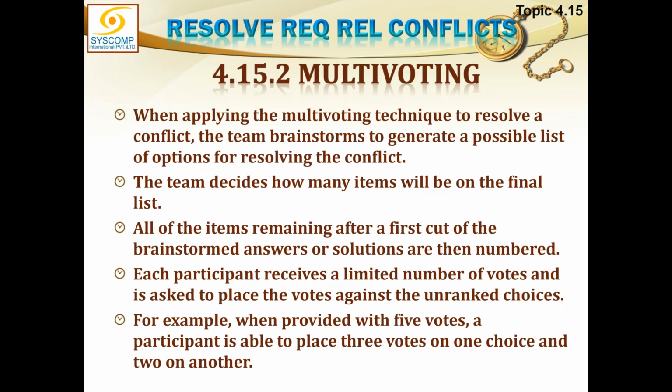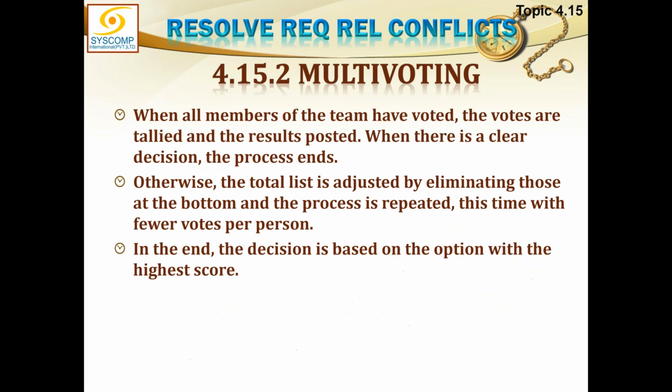Each participant receives a limited number of votes and is asked to place the votes against the unranked choices. For example, when provided with 5 votes, a participant is able to place 3 votes on one choice and 2 on another. When all members of the team have voted, the votes are tallied and the result posted.